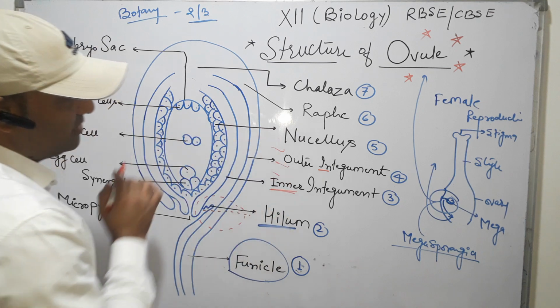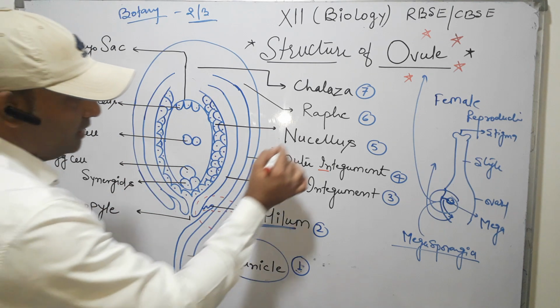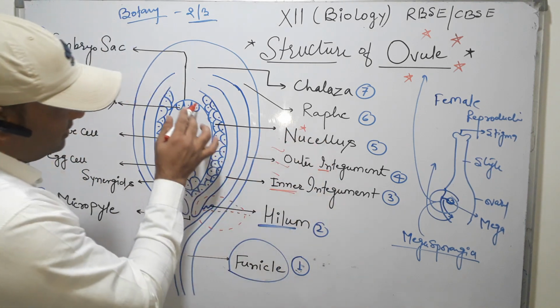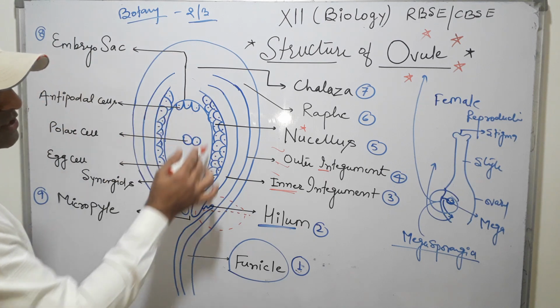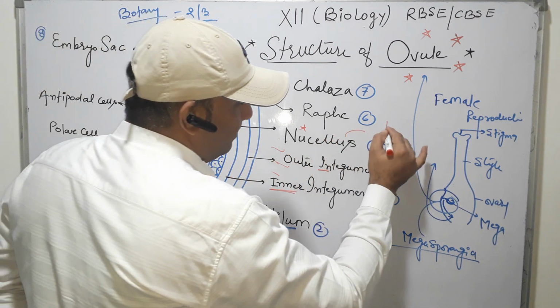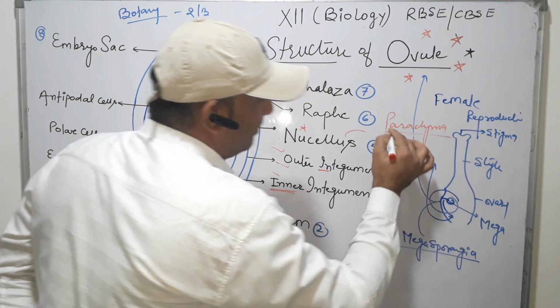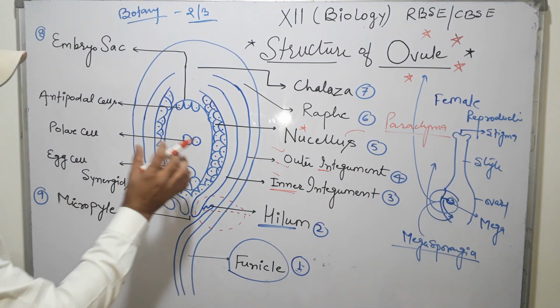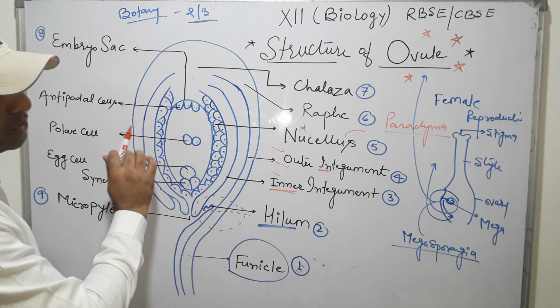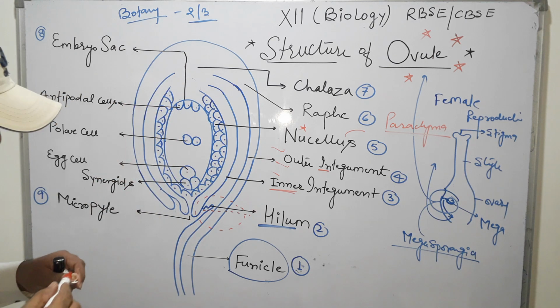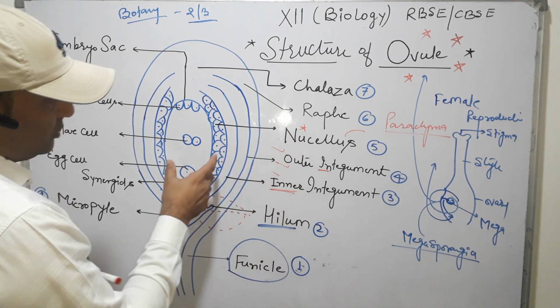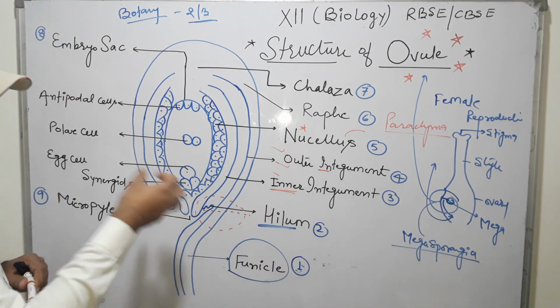Next is the fifth part, which is nucellus. A very important part. It consists of parenchymatous tissue, and it contains a lot of nutrition, which provides nutrition to the developing embryo sac.